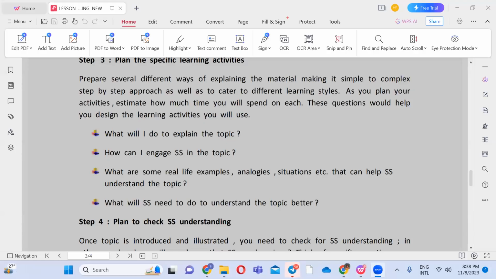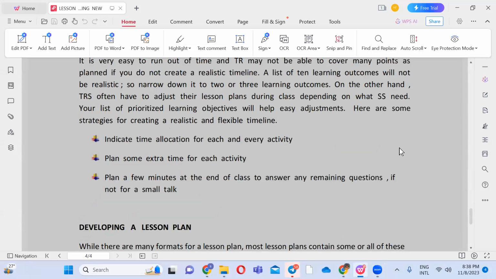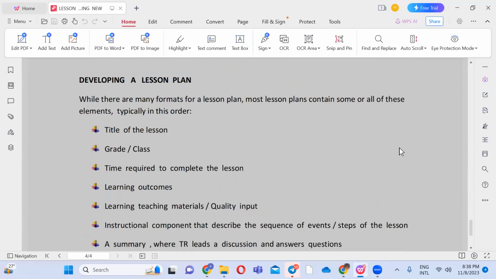We will have a look at the components of a lesson plan quickly. So now we are going to write a lesson plan today, right? While there are many formats for a lesson plan, there is no the format, actually speaking.